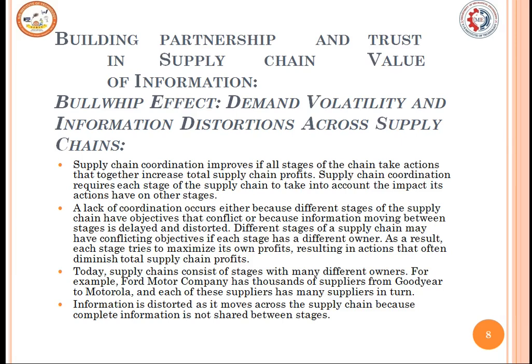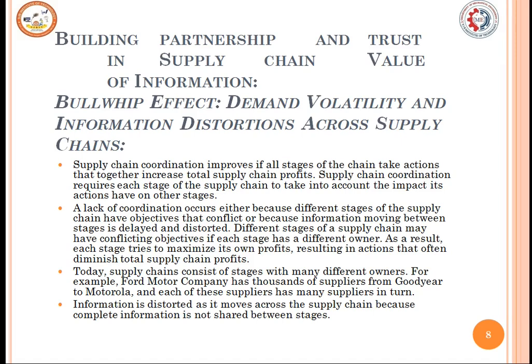Chain coordination requires each stage of the supply chain to take into account the impact its actions will have on other stages. Lack of coordination occurs because different stages of the supply chain have objectives that conflict, or because information moving between stages is delayed and distorted. Today, a supply chain consists of stages with many different owners.